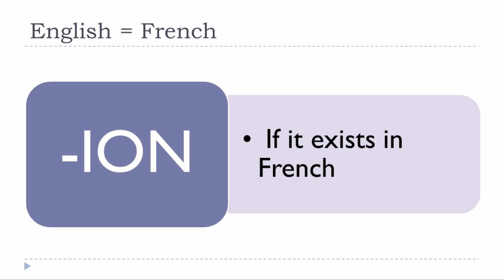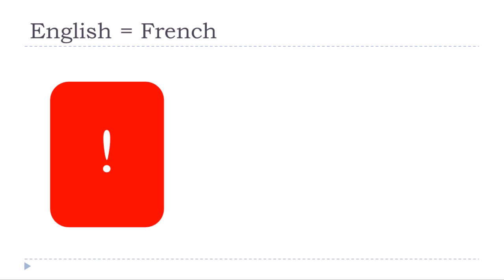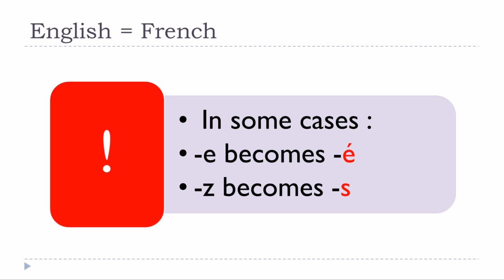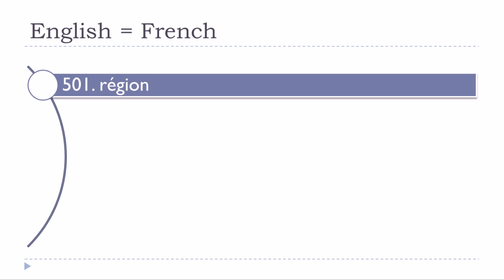So that's the first thing that you should keep in mind. And then the second thing is that in some cases we will write these words a little bit differently in French. So in a few cases, like here, C would become A, and then Z would become S, okay? So let's continue.